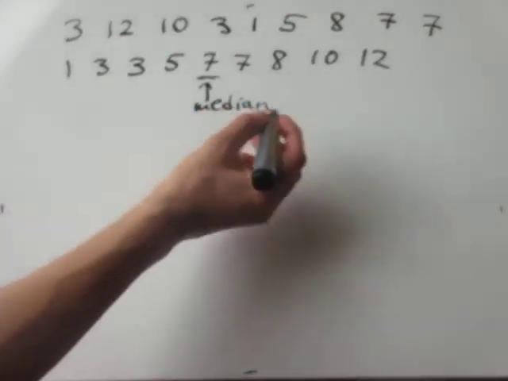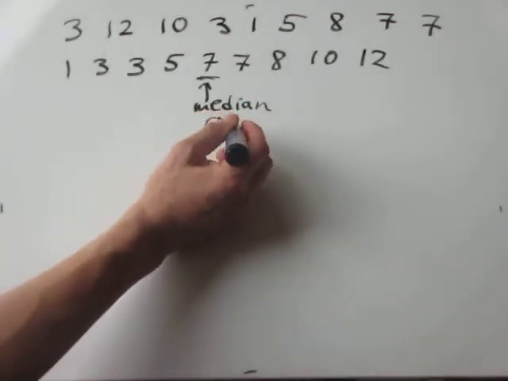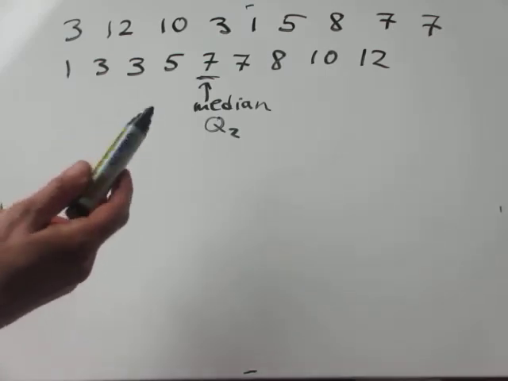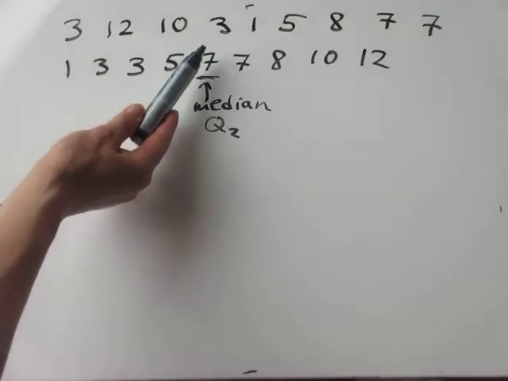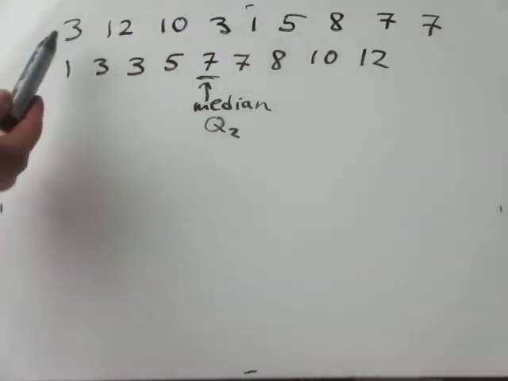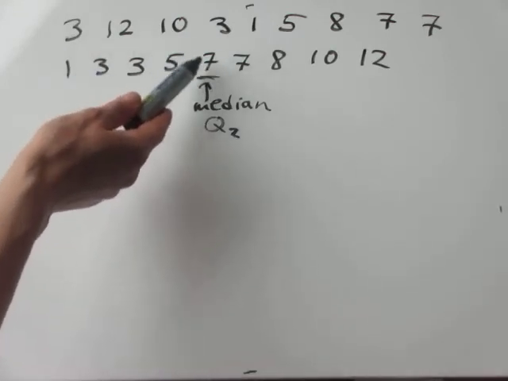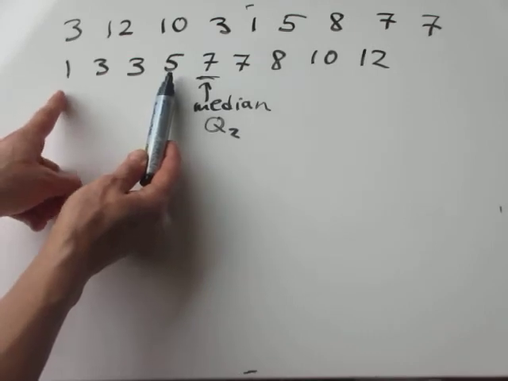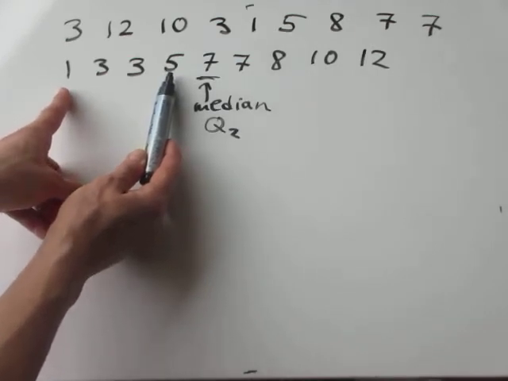Sometimes the median is called Q2, the quartile number 2. I will talk more about this soon. If the median is part of the data set, like here, where 7 was in the data set from the start, then we skip it when we find the median of the lower part.